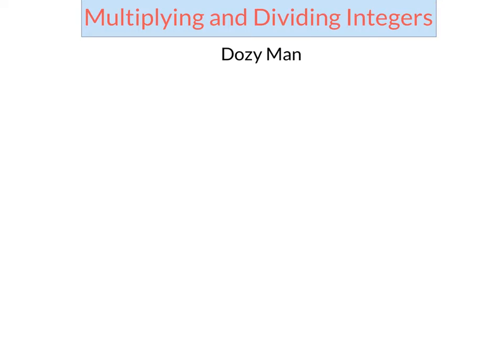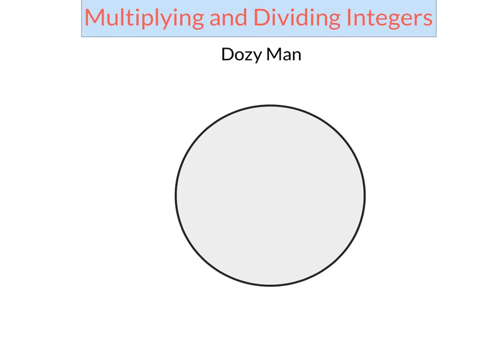The way we draw Dozy Man is by drawing a circle and then adding 2 negative eyes and 1 positive mouth. By using our fingers and covering up the signs we are already using, we will be able to figure out what sign is left and what sign we are giving our answer. Let's go ahead and practice with some problems.